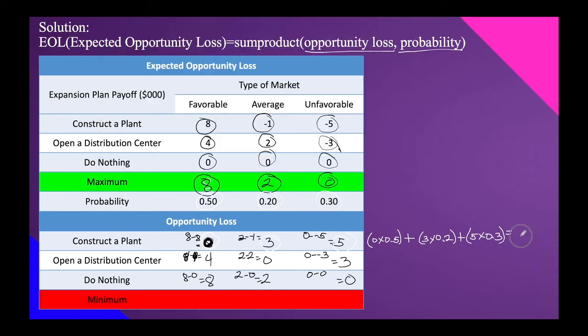So, let's write here 2.1. Next, we have here 4 times probability for favorable market, that is 0.5, plus 0 times probability for average market, 0.2, plus 3, this one, probability sa unfavorable, which is 0.3.